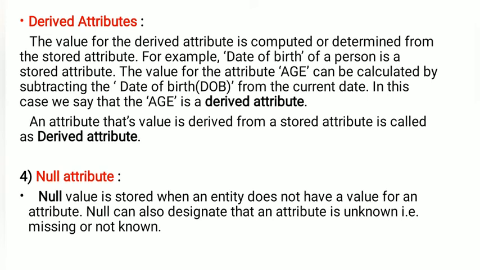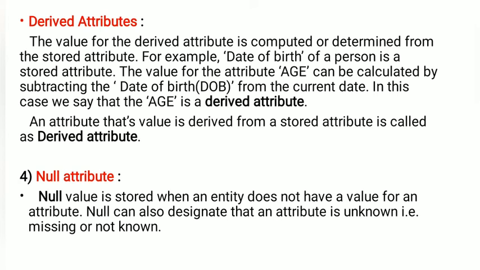Let's take an example of a simple table. The person who has a landline phone will have a value for that attribute phone number or landline number, but the person who has no landline phone number will have a null value in that attribute field.